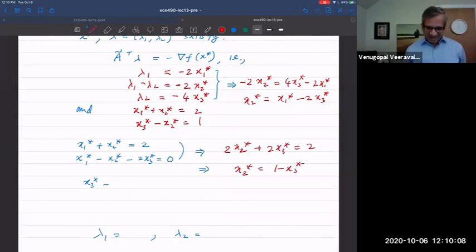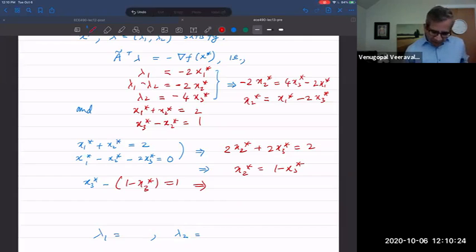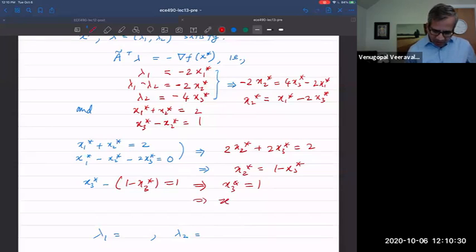If you plug that into this equation and solve for x3 star, this implies that x3 star is equal to 1. And that implies that x2 star equals 0 from up here.